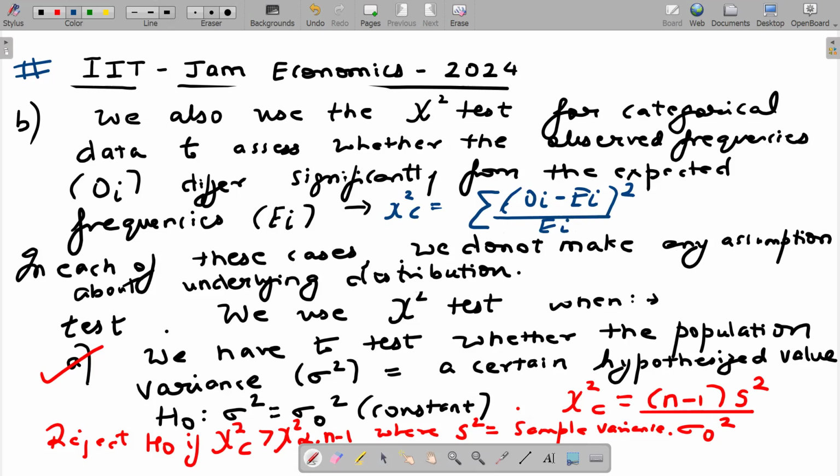So OI denotes the observed frequency for category I, and EI denotes the expected frequency for category I.